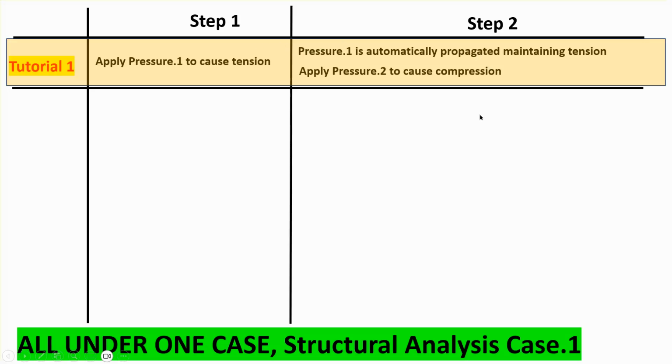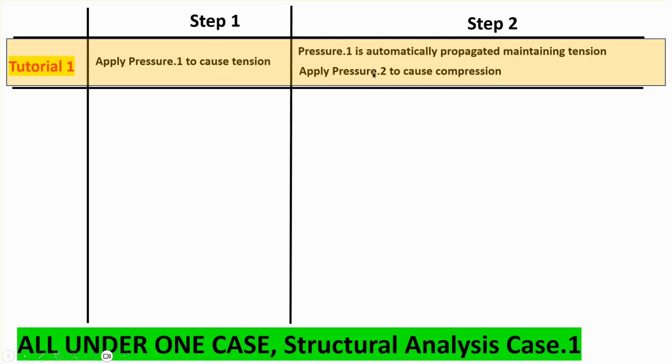That's how the software works. If you apply a force or a pressure here in step 1, in the next step this is going to be automatically propagated unless you decide to modify it or delete it. But let's not worry about it.